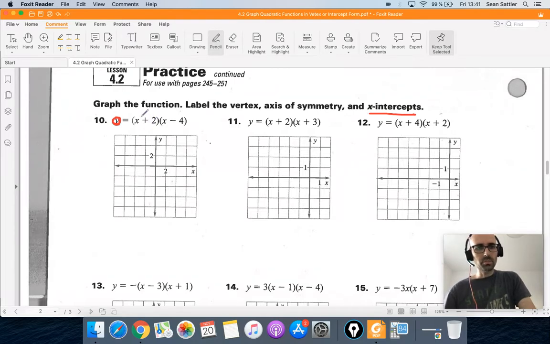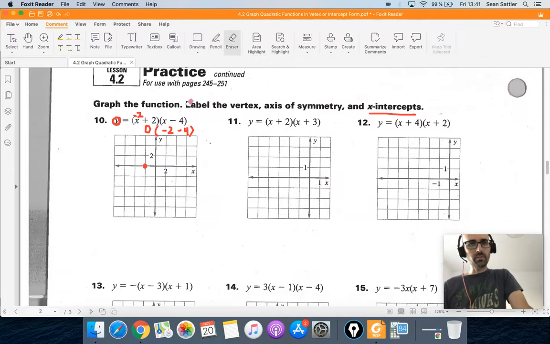Well, it would just be the opposite signs here. So if x was -2, if I plug in -2 right here, then I get -2 plus 2 is 0. And then I plug in -2 here, because I have to plug in the same number for both. I get 0 times -6, which is just 0. So -2 is going to be one of our x-intercepts.